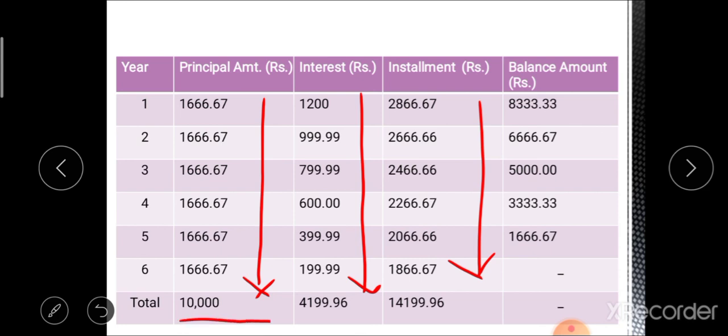This is the amortized decreasing repayment plan. Here the total principal amount is 10,000 rupees, whereas interest is 4,199.96 rupees, whereas the total installment, that is principal plus interest amount, is equal to 14,199.96. Okay, this is the second repayment plan, that is the amortized decreasing repayment plan.